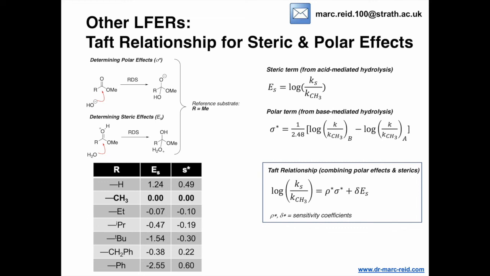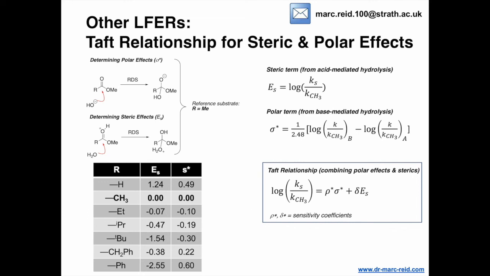The table on the bottom left gives us a feeling for the magnitude and direction of the different terms for each substituent R. Note that methyl, not H, is the reference now. For E subscript S, the steric term, more negative values infer a larger, more sterically influential substituent. Compare, for example, methyl versus tertiary butyl.